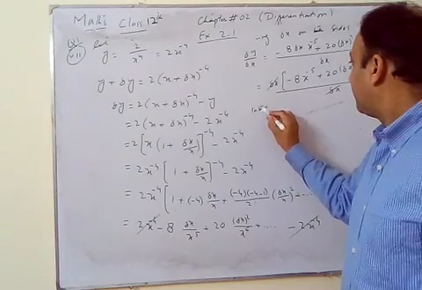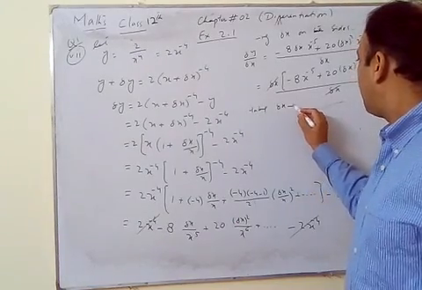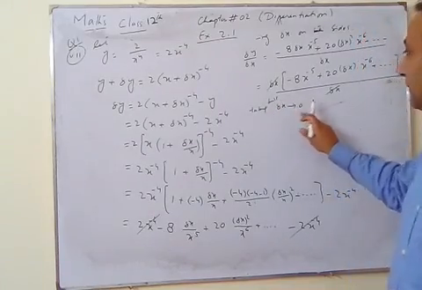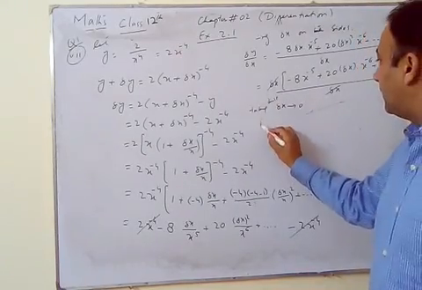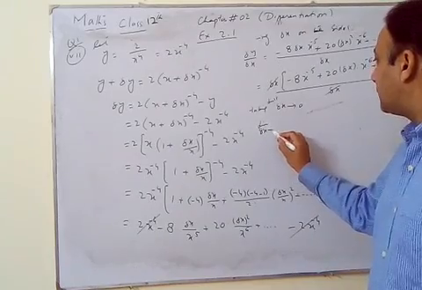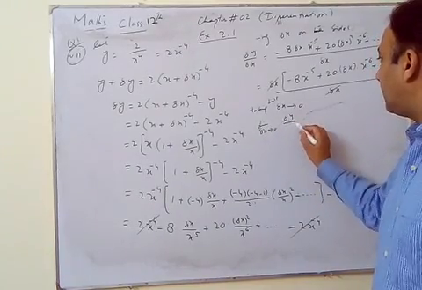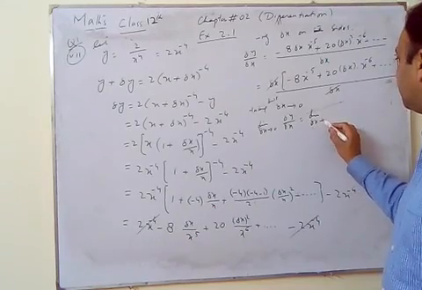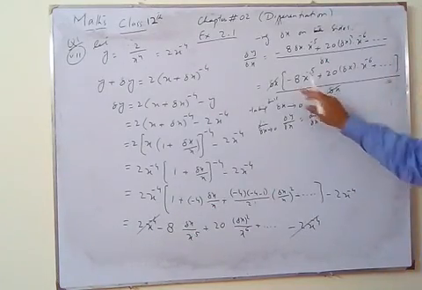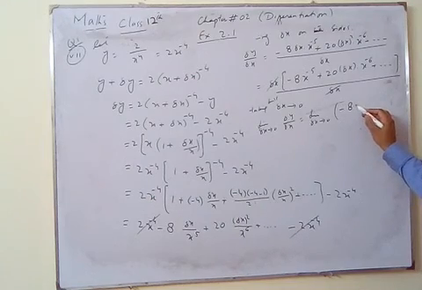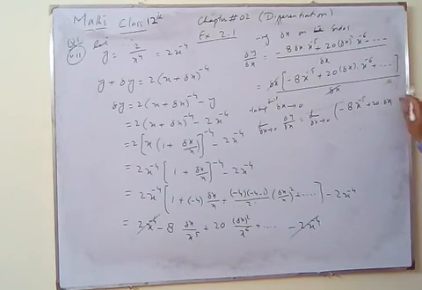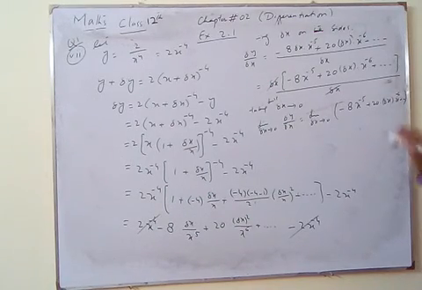So we use, taking delta x approaches limit. Delta x approaches 0. So we have limit delta x approaches 0, delta y by delta x is equal to limit. So which value we have here? Minus 8 x power minus 5 plus 20 delta x into x power minus 6 plus so on.